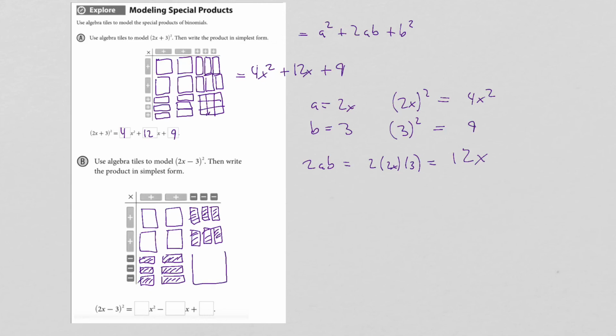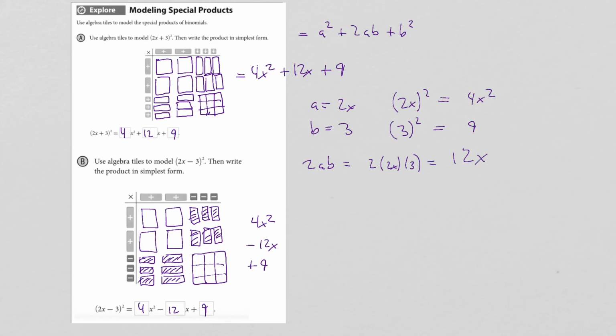And again, I'm going to do this a quick way, 9 of those things. And they're all negative. Oh no, they're not negative. Negative and negative make positive. So those are all positive. So what do you wind up having? That's 4x squared. You got minus 12x plus 9.